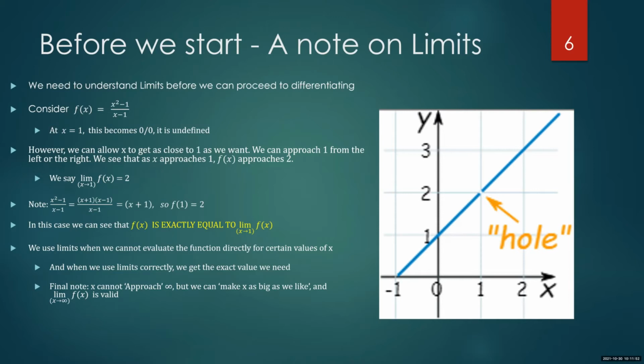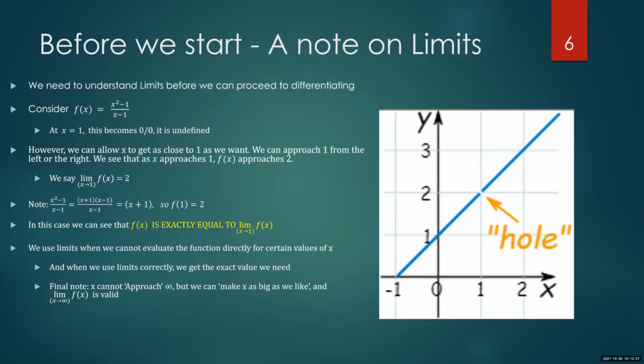Now, x cannot approach infinity, because no matter how big x gets, infinity is still very, very far away. But we can make x as big as we like, and so this concept of the limit as x goes to infinity is valid. The single takeaway, which I've highlighted in yellow here, is that the value of f of x at a certain point is exactly equal to the limit.